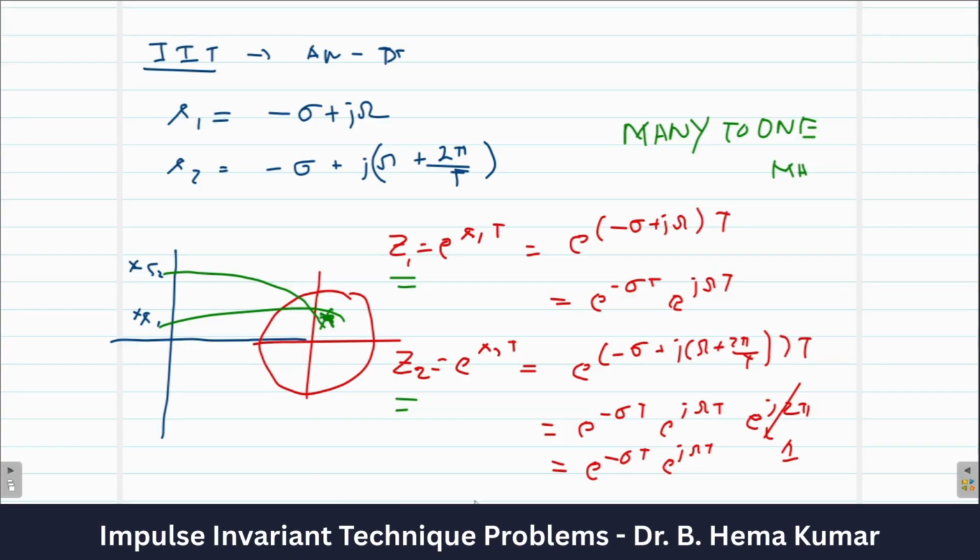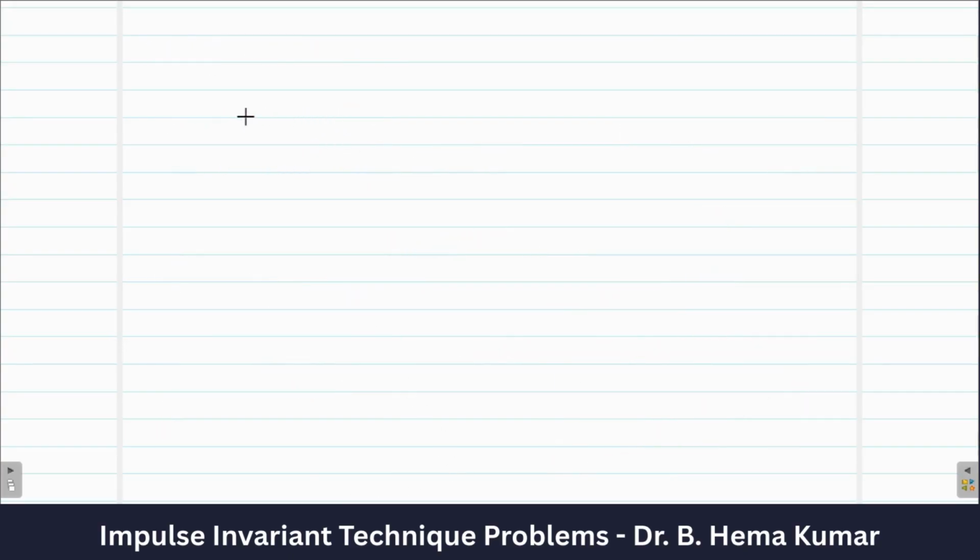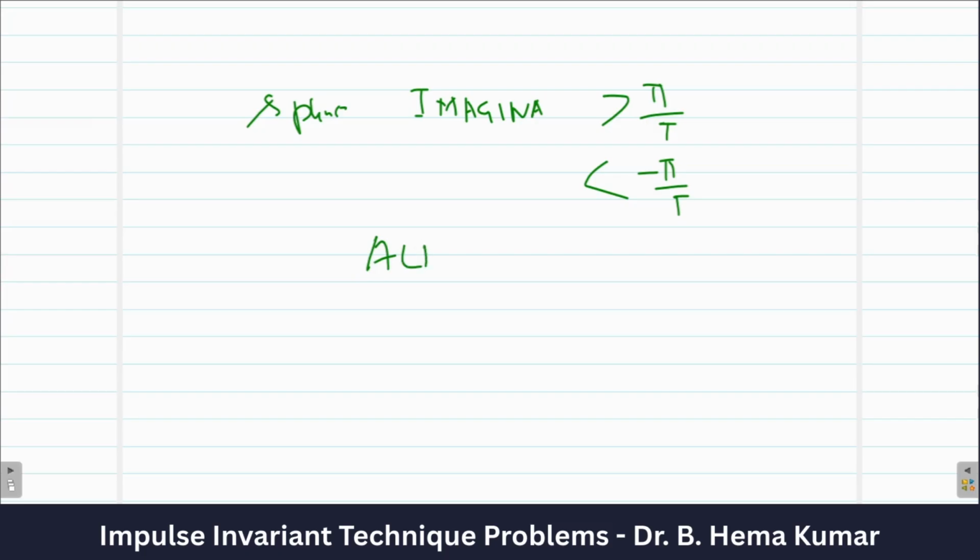So whenever the S plane has an imaginary part which is greater than pi by T or less than minus pi by T, what happens? Two poles fit into a single point in your Z plane. This is called aliasing.